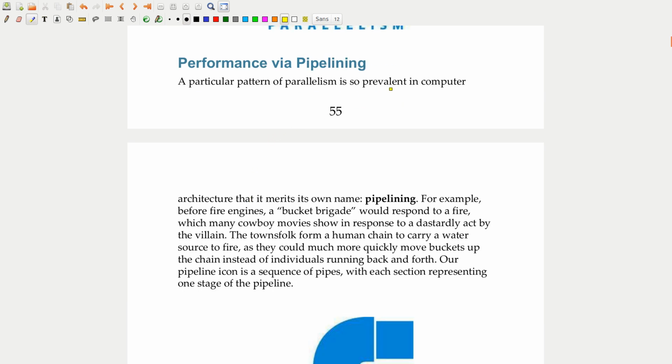A particular pattern of parallelism is so prevalent in computer architecture that it merits its own name, pipelining. For example, before fire engines, a bucket brigade would respond to a fire, which many cowboy movies show in response to a dastardly act by the villain. A bunch of townsfolk carry water to the source of the fire, passing buckets down the line, as they could much more quickly move buckets up the chain instead of individuals running back and forth.